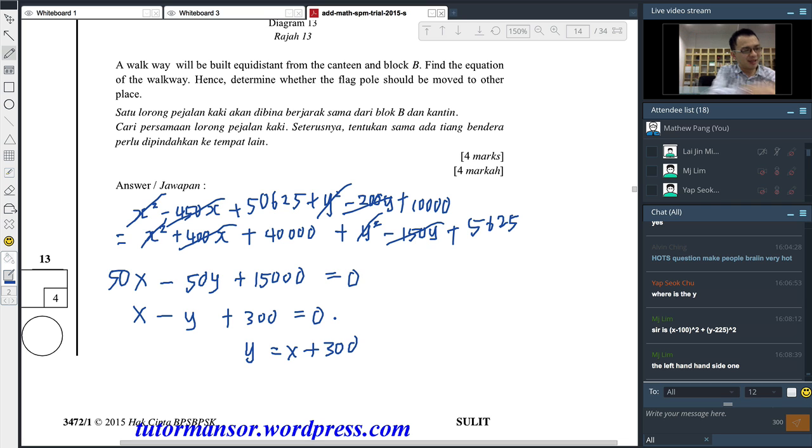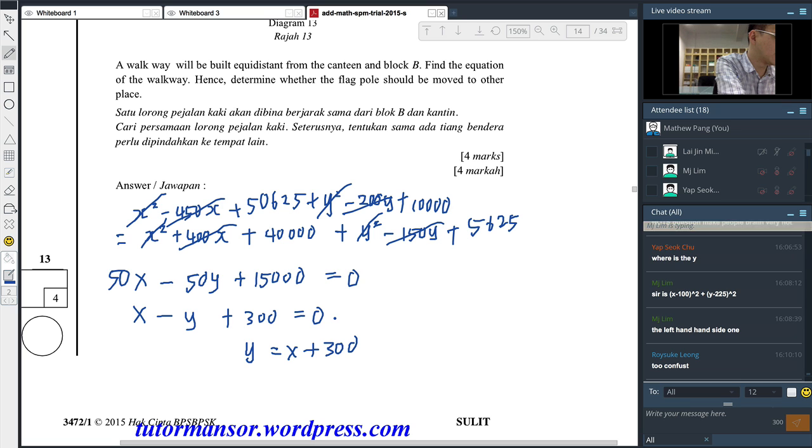But it doesn't seem correct, because just now I actually got another answer. Let me see what is the answer. Yeah, I should have something to do. This is question number... What is the question? Yeah, it's y minus 2x.